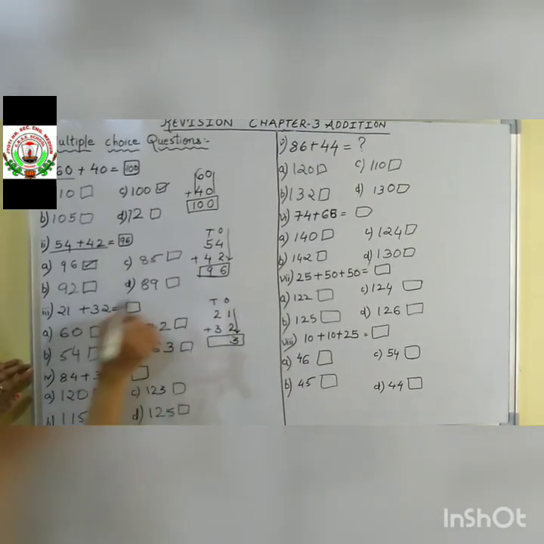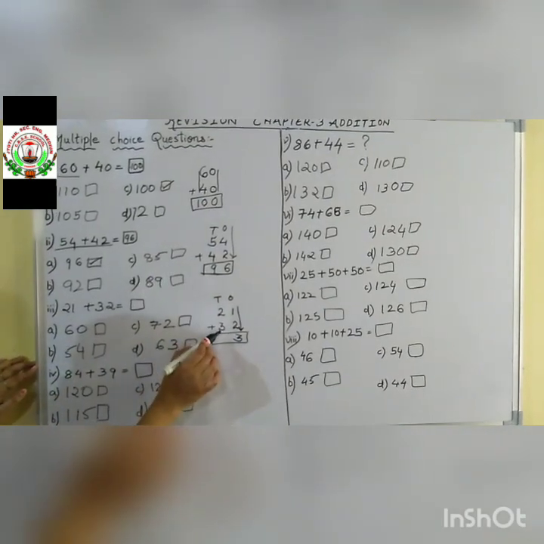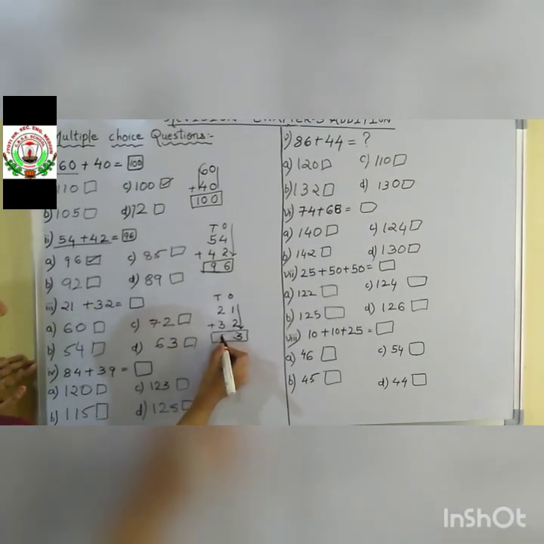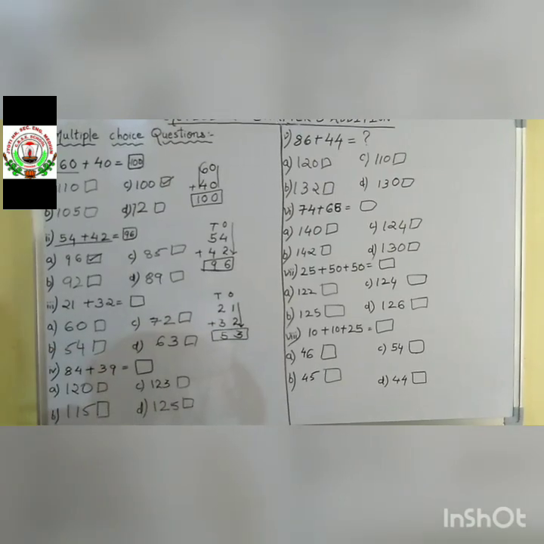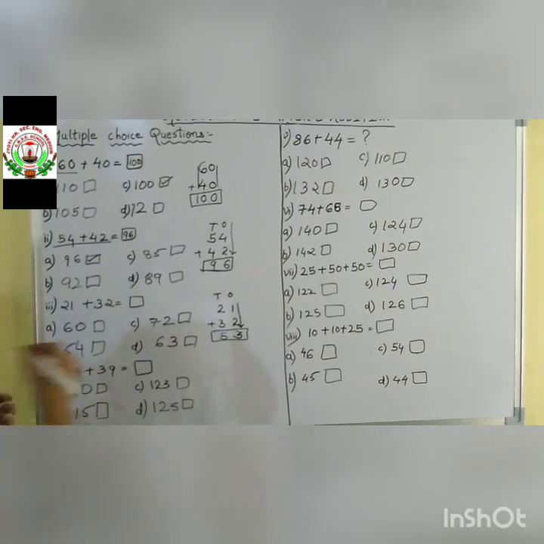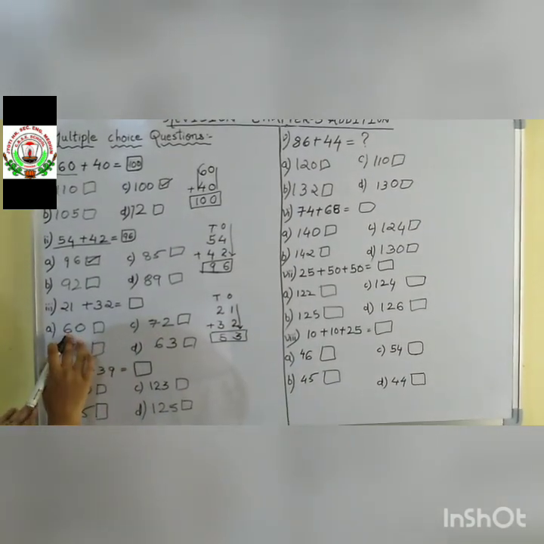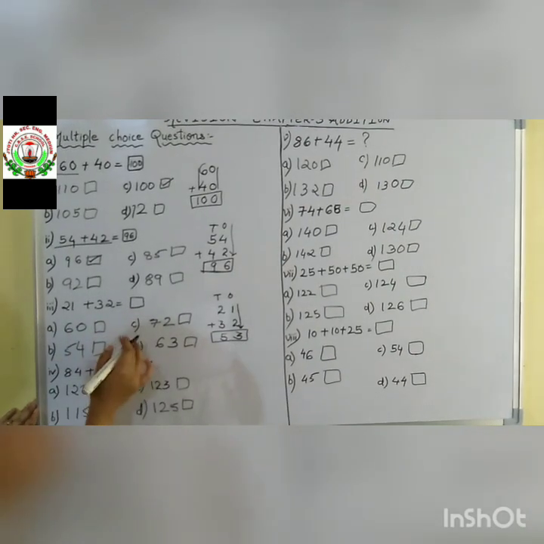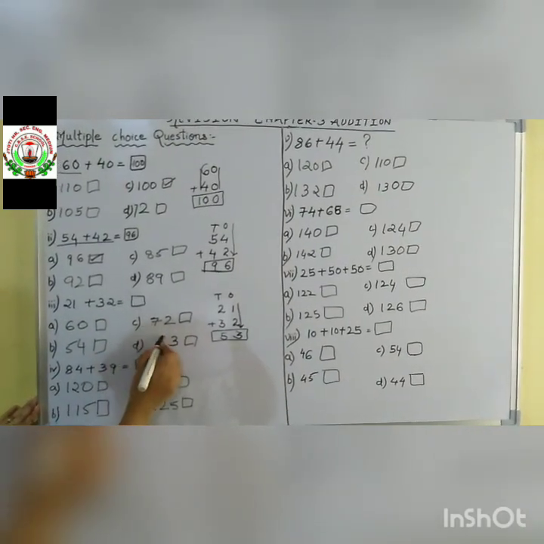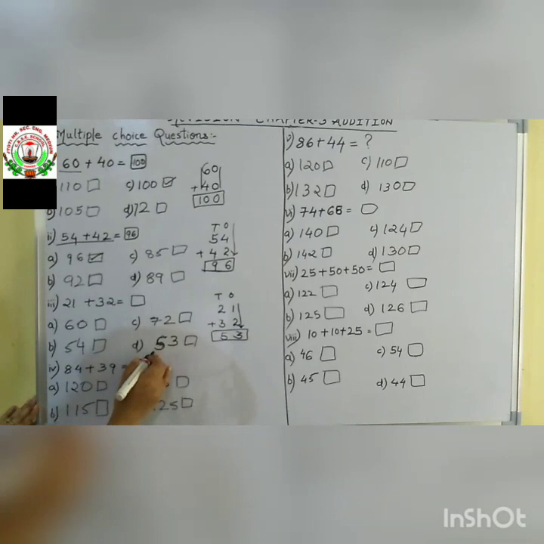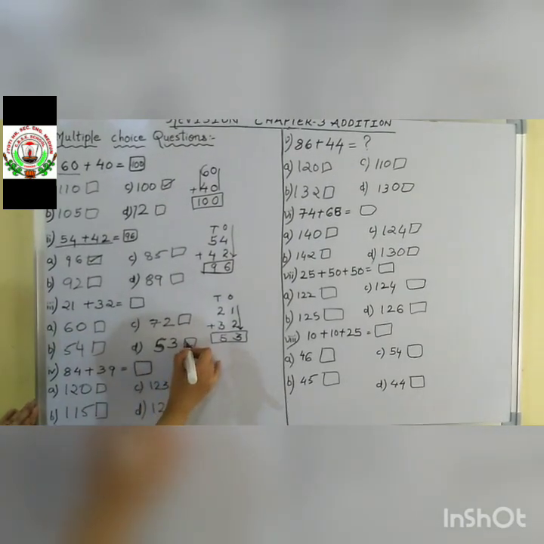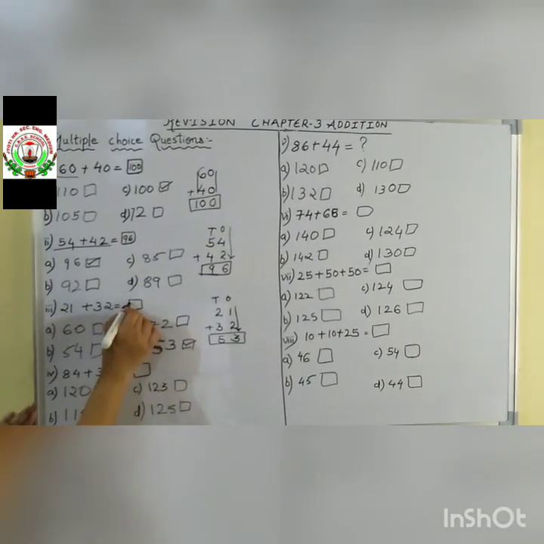Then coming to the tens place, 2 plus 3, 5. So we get the answer here is 55. It is option A 60, option B 54, option C 72, option number D 55. Yes, it is there. So we will put a tick mark on the option 55.